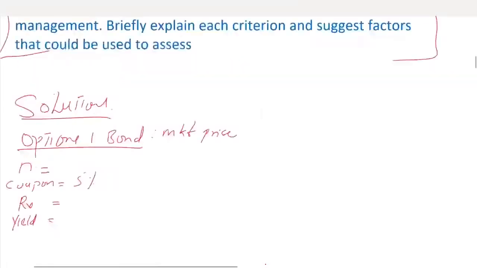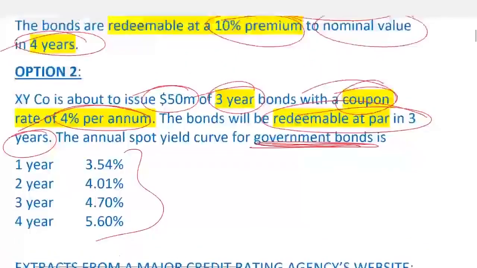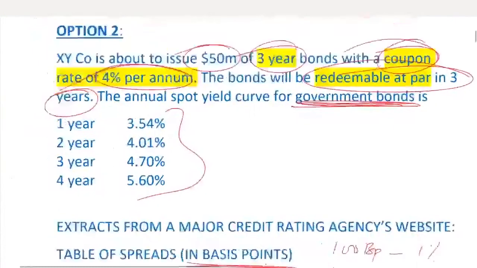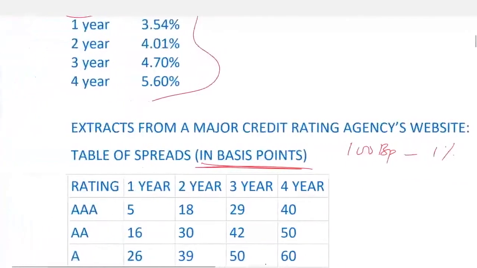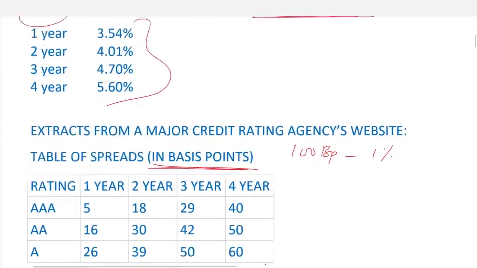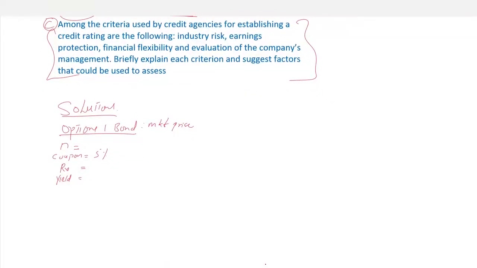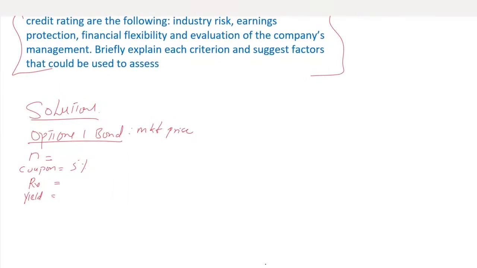Let's move on now. What other information is given? He says, and the financial press is reporting that the bonds have a bid yield of 6.2% per annum. So they've given me the yield. So my yield is 6.2% per annum.